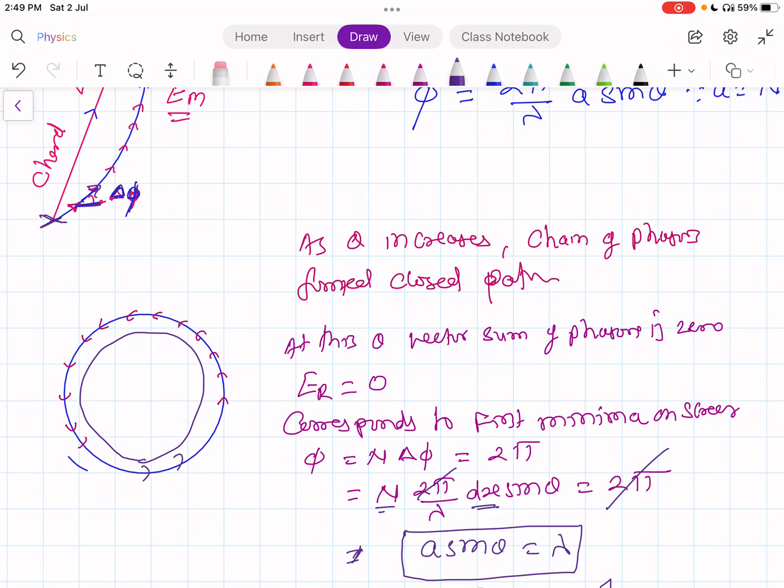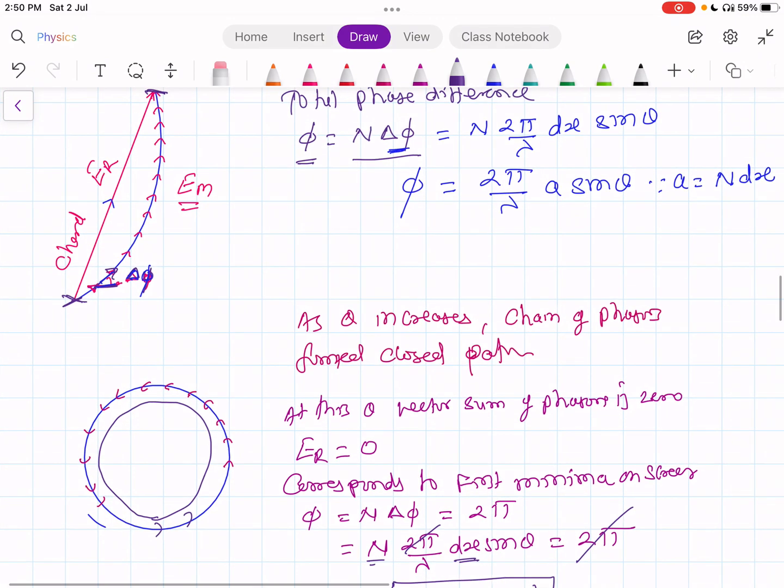You will get the second circle, and there you will get the second minima, and so on. So this is the graphical method to calculate the distribution of the intensity of the diffraction pattern.